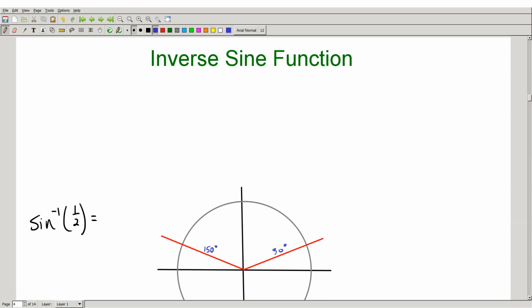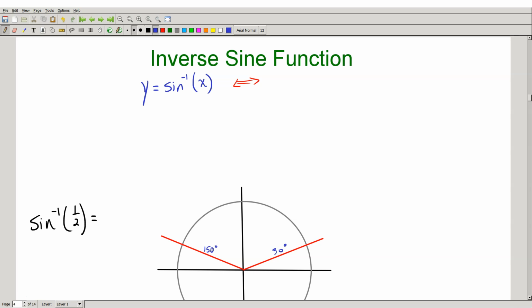So let's go back and talk about what the inverse sine function is and define it. So the inverse sine function, we can just write like this: y equals sine inverse of some x value, right? That is a function if and only if this equation is also true.